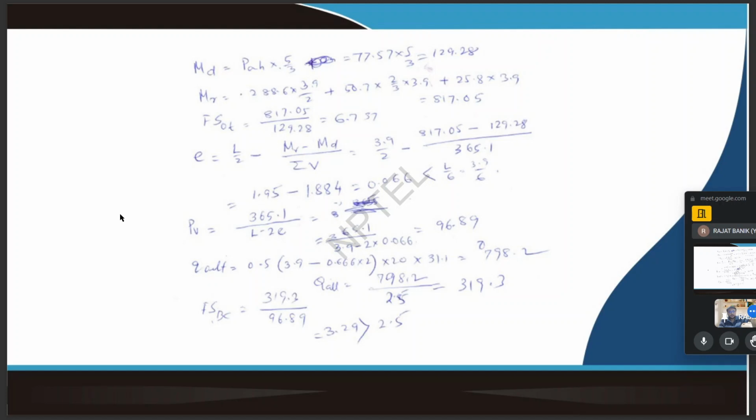Then we find out the bearing capacity at the base, and then the safe bearing capacity at the base, which is divided by the factor of safety 2.5.